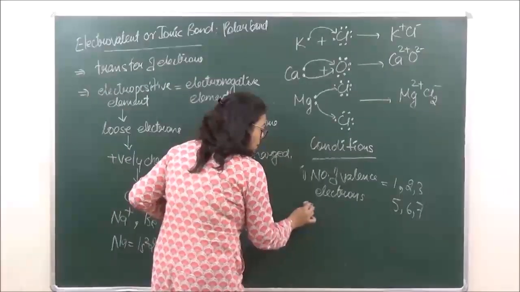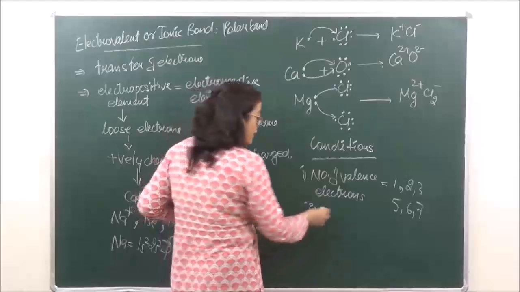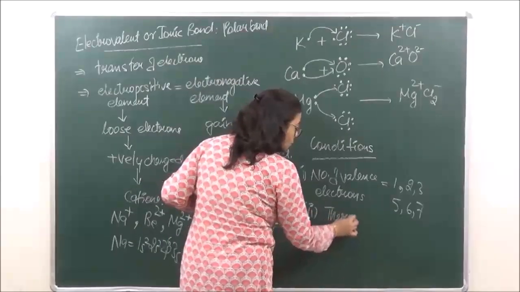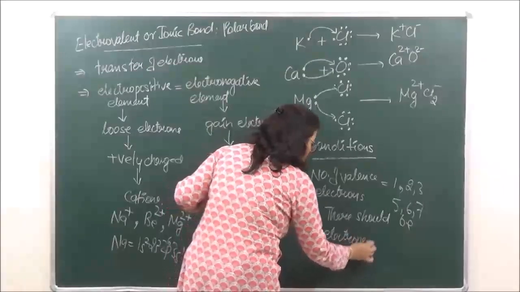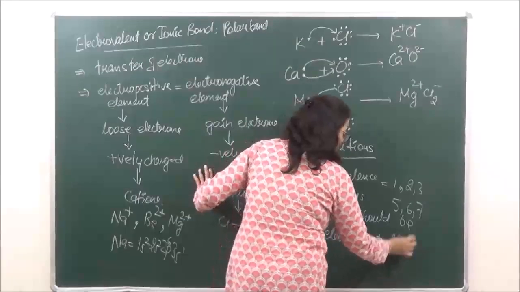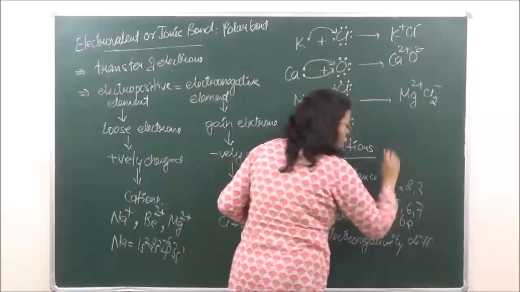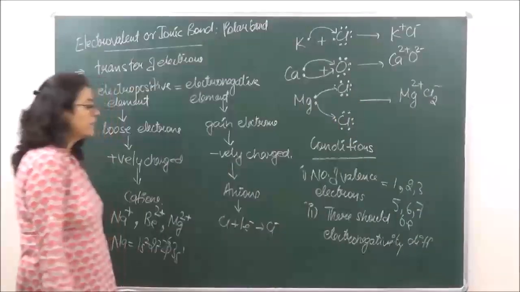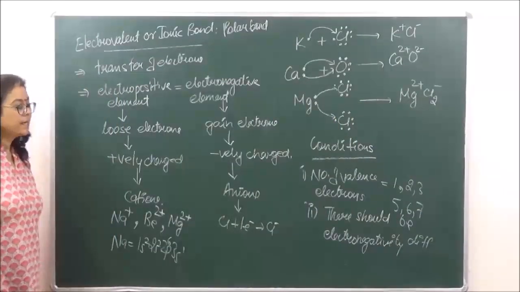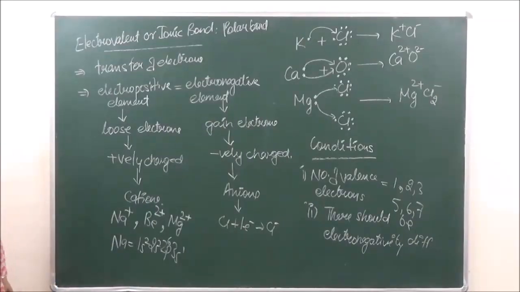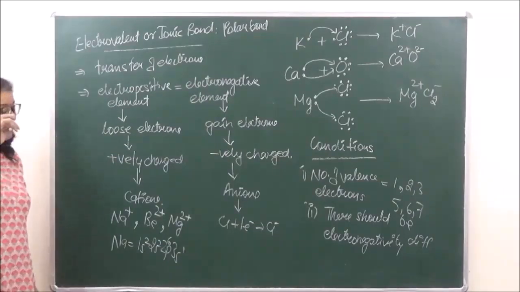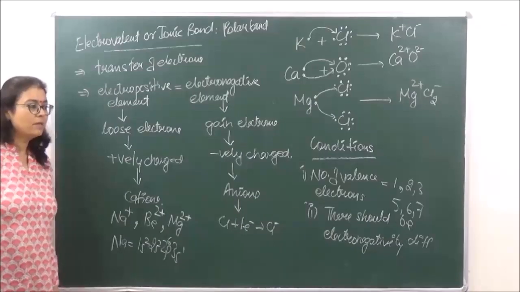The second condition is that there should be electronegativity difference. ठीक है? So electronegativity difference होगा तभी ionic bonds are formed. We had calculated the electronegativity differences in the last chapter.